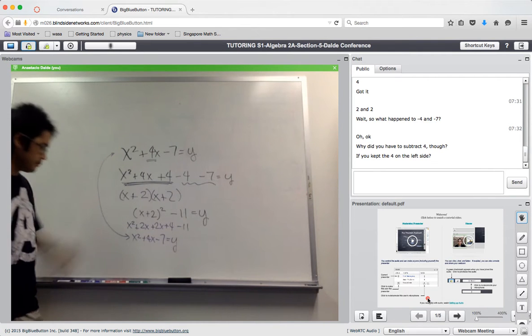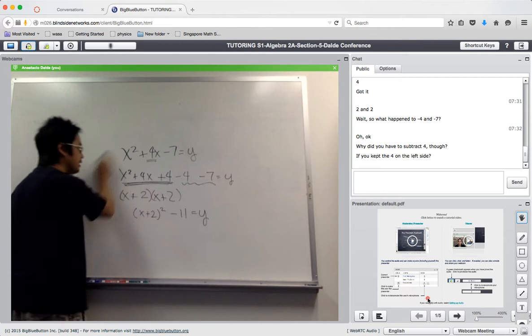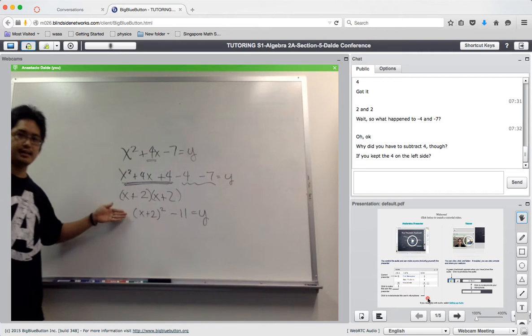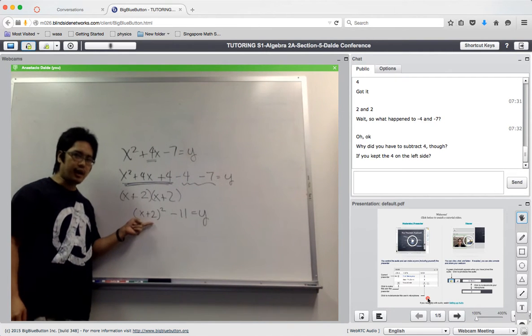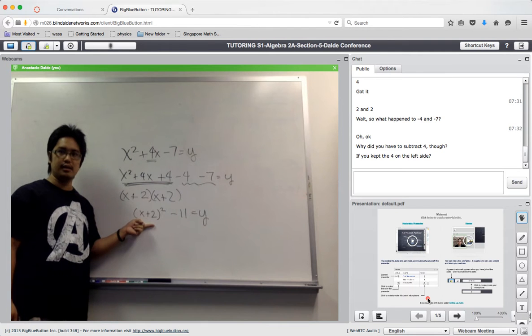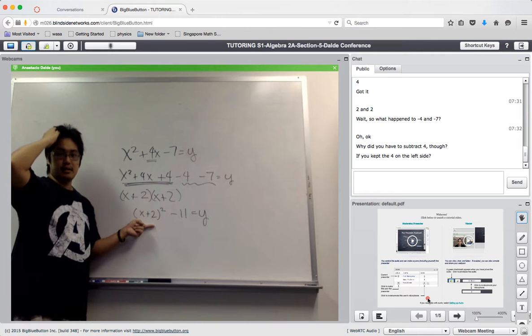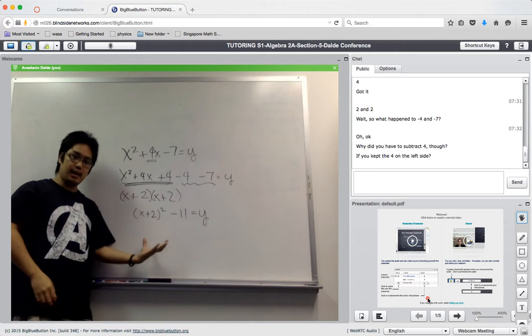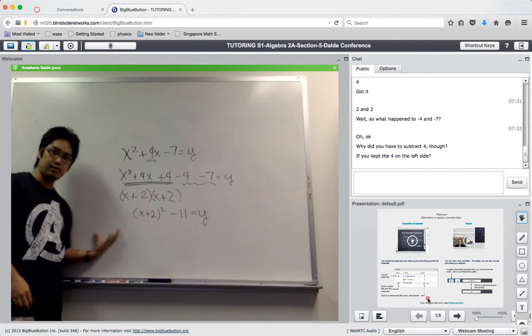But the extremely nice part about this thing down here is this is in that form that I started to introduce yesterday, which I haven't even uploaded the video for yet. I got to make sure to do that. This is a parabola that I dropped down 11, and I moved to the left 2.